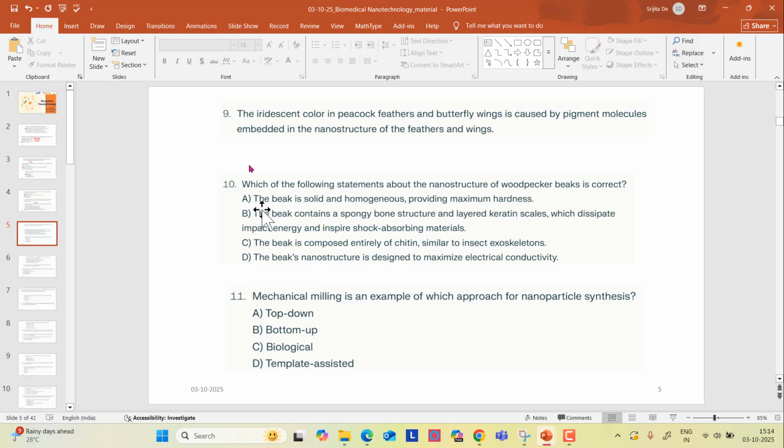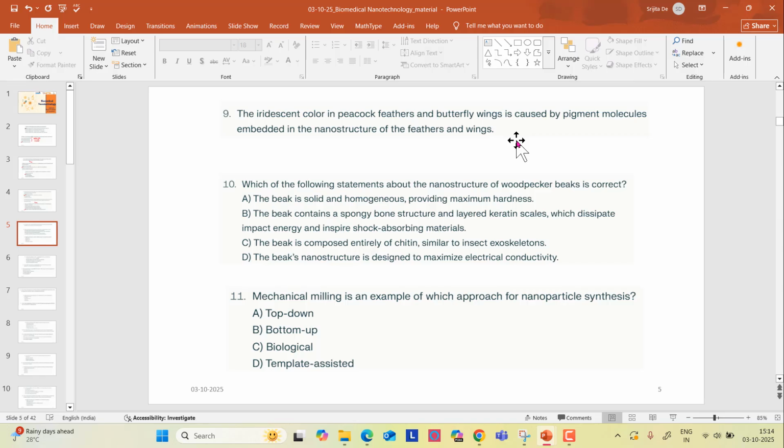Next, the iridescent color in peacock feathers and butterfly wings is caused by pigment molecules embedded in the nanostructure of the feathers and wings. Is it true or false?